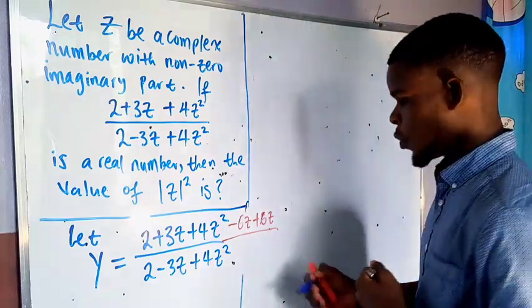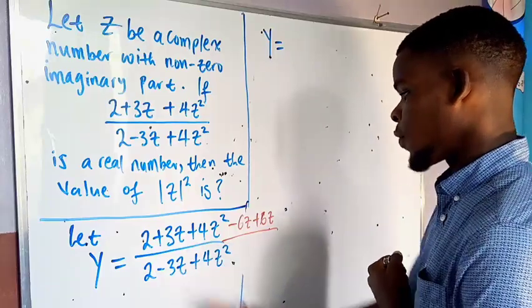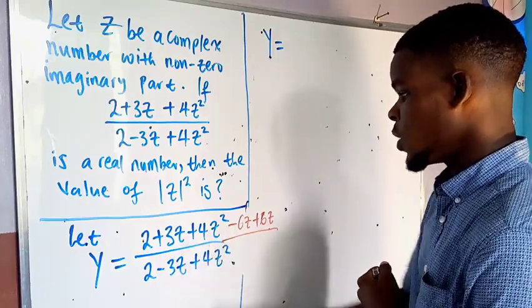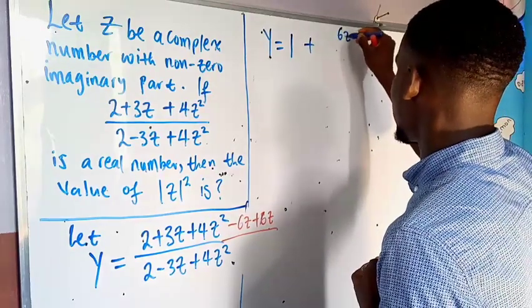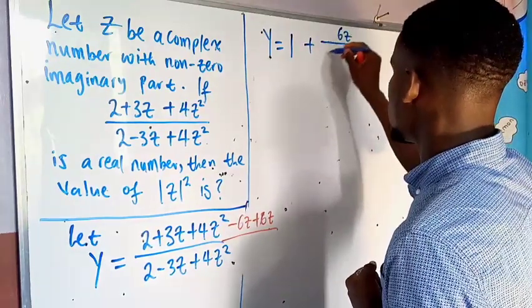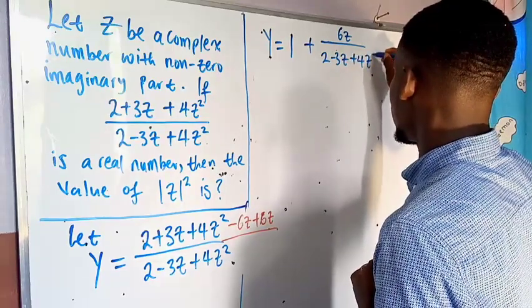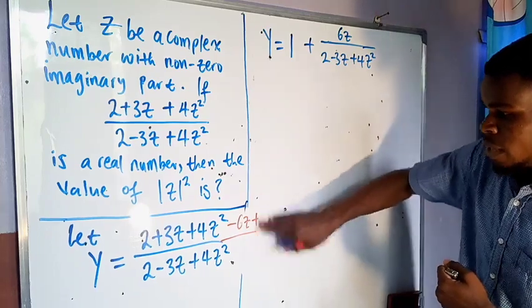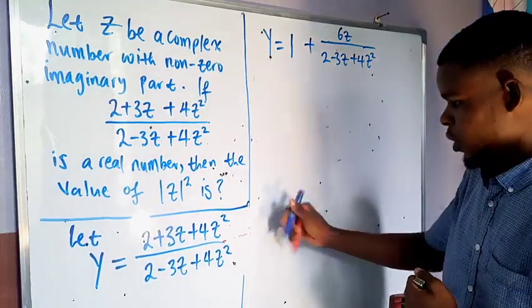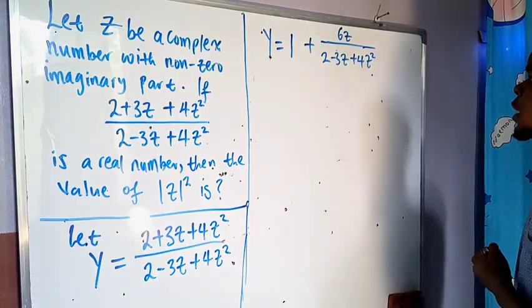And you notice that when we do that, if we subtract 6z from 3z we get negative 3z, which agrees with the denominator. So in that place we can just have 1 plus 6z divided by the denominator, which is 2 minus 3z, and we add it with 4z squared. That's great, isn't it? Just keep that in mind.